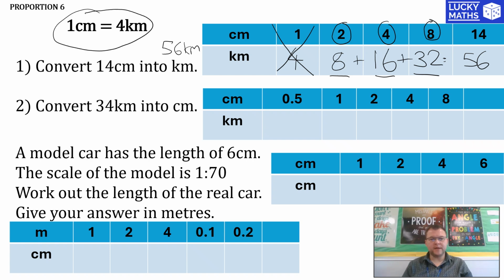In part 2, we're going to work backwards. 1 centimetre is still 4 kilometres, 2 is 8, 4 is 16, and 8 is 32. So, because we're doing 34 kilometres, we've got 32 kilometres, but we are missing 2 kilometres.